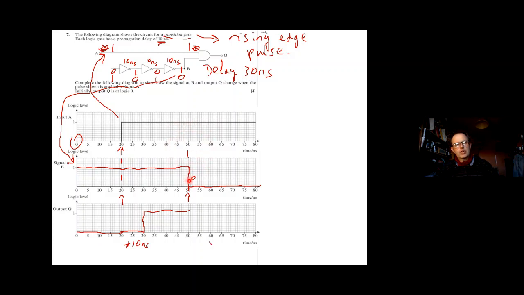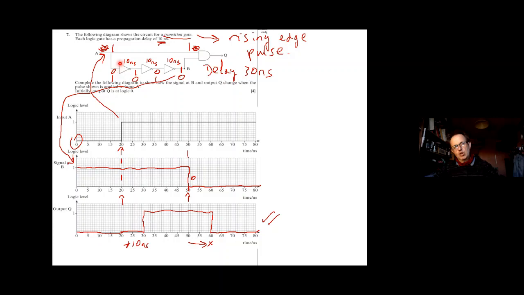So at this particular point, we've got a 0 and a 1. Now that 1 and a 0 is going to give you a 0, but not straight away. There is a 10 nanosecond delay before it goes down. So what you're seeing there is basically a pulse. So that pulse there, total, is 30 nanoseconds.